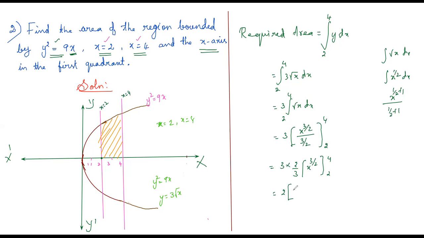So for the upper limit, when you substitute x is equal to 4, it becomes 4 power 3 by 2, minus the lower limit, 2 power 3 by 2. The final answer is 2 into 8 minus 2 root 2, that's equal to 16 minus 4 root 2 square units.